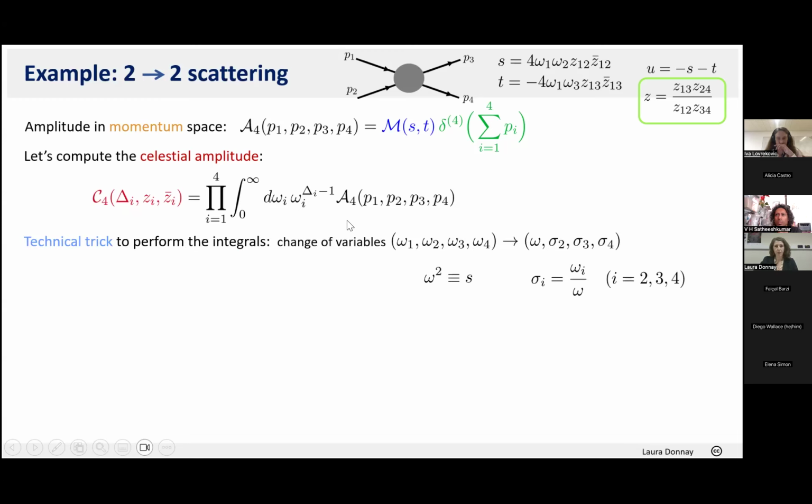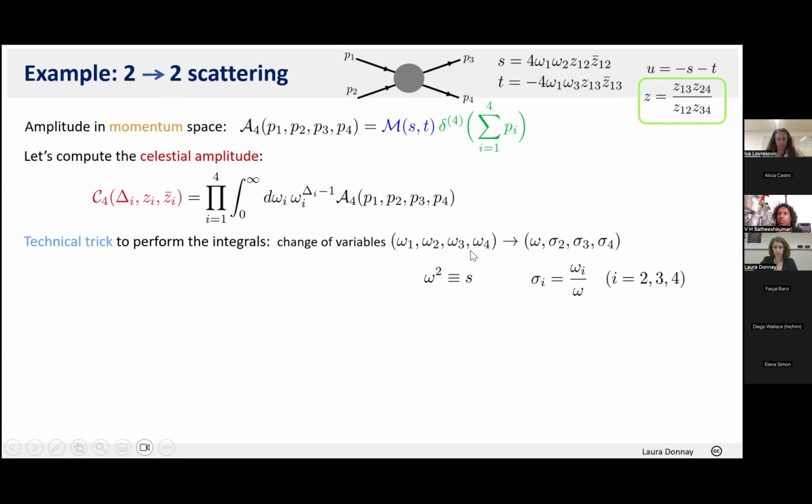As you're going to see, most of the technicalities and most of the computations involved in celestial holography have to do with this Mellin transform and how to do these integrals in a smart way. There is a nice technique, a trick if you wish, to do these integrals, which will have a nice property as you're going to see. So the trick is to do the following change of variables.